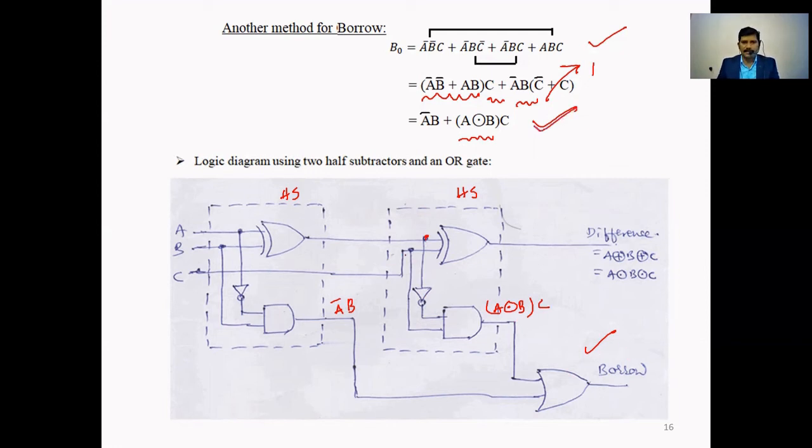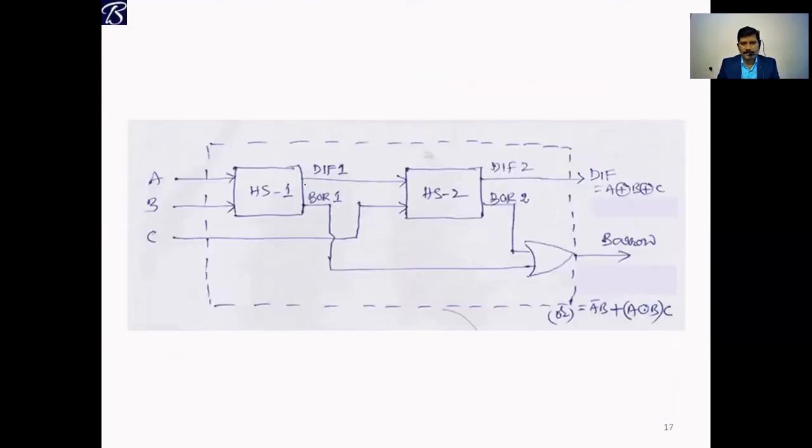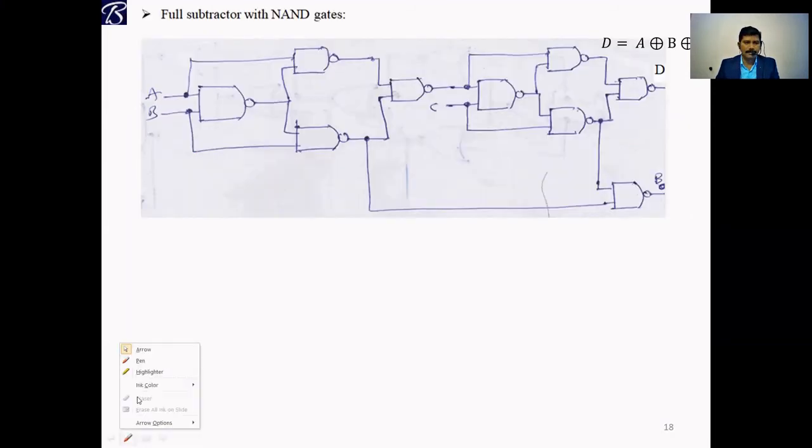So the conclusion is we require two half subtractors and one OR gate to implement a full subtractor. You can replace the XOR gate, AND gate and NOT gate using half subtractor 1 and half subtractor 2. The two borrows, if you connect them to an OR gate, you will get the final borrow. This is the difference and borrow.